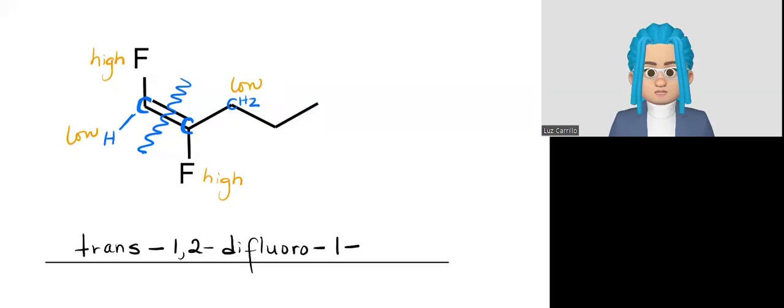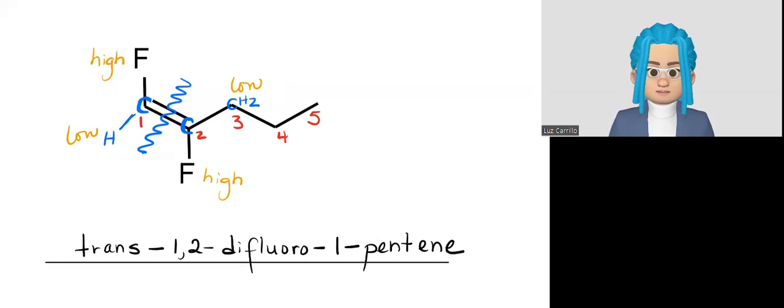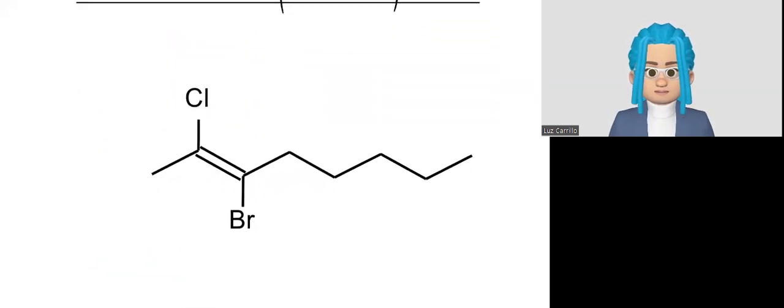Overall, in this molecule, we have 1, 2, 3, 4, 5. So the name of the parent chain is pentene. So as you can see, for alkenes, we can even incorporate the concept of how to determine if a particular alkene is cis versus trans.